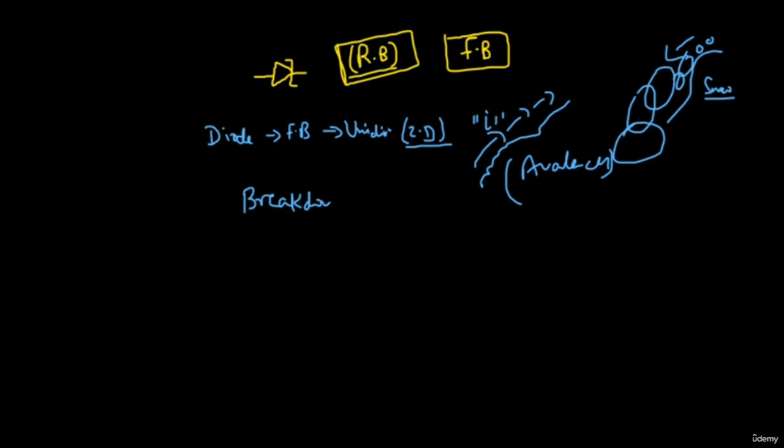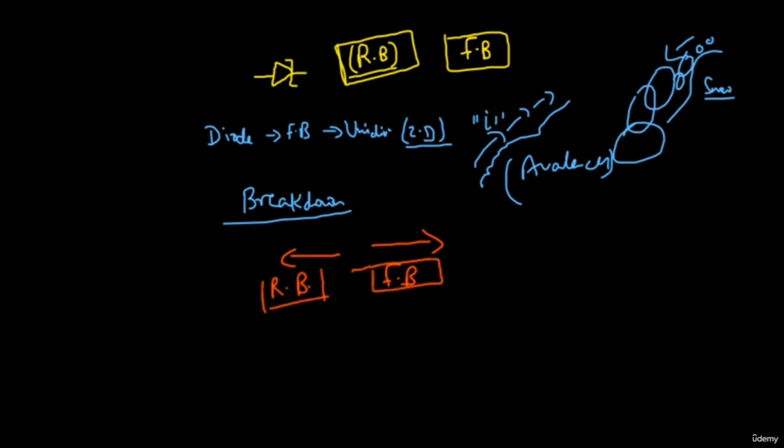So it gets breakdown. There is no barrier. Now it does not know which direction it has to go. It has to go either to the right side or the left side. The right side we call forward, the left side we call backward or reverse bias. So it decides to go backside to balance.